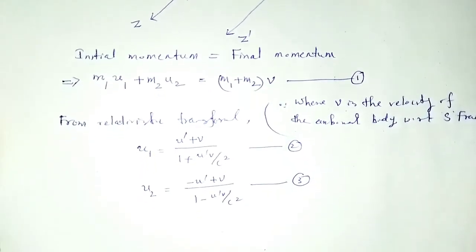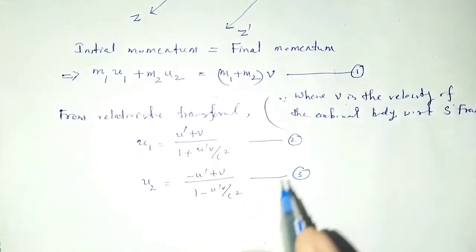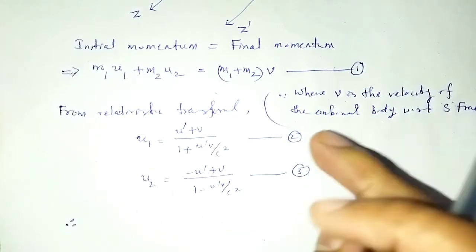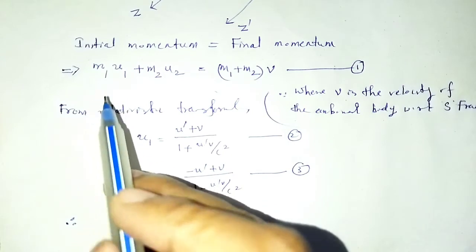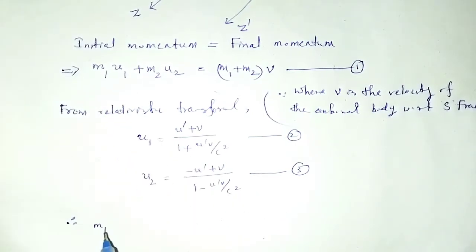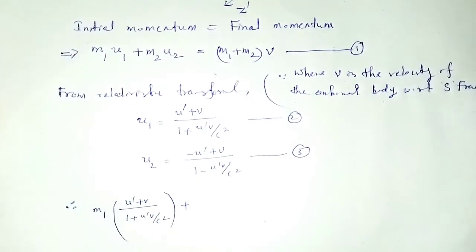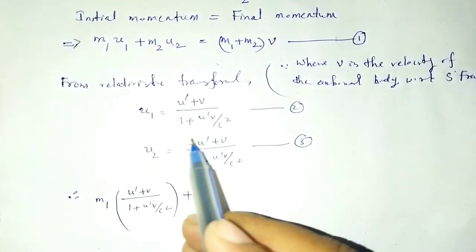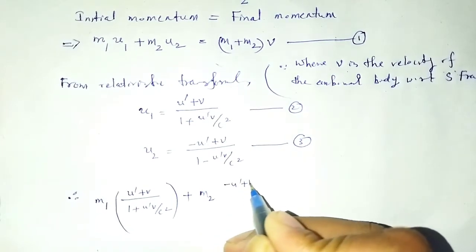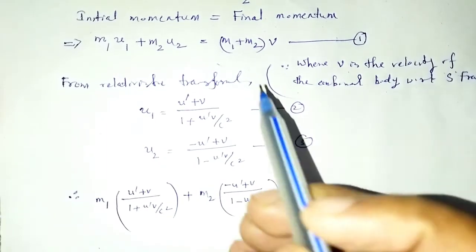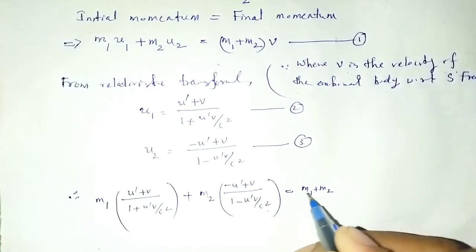Using equations 2 and 3 in equation 1, we can write m1 in place of u1 use this value, u' plus v divided by 1 plus u'v divided by c square, plus m2 into u2, that is minus u' plus v divided by 1 minus u'v divided by c square, is equal to m1 plus m2 into v.